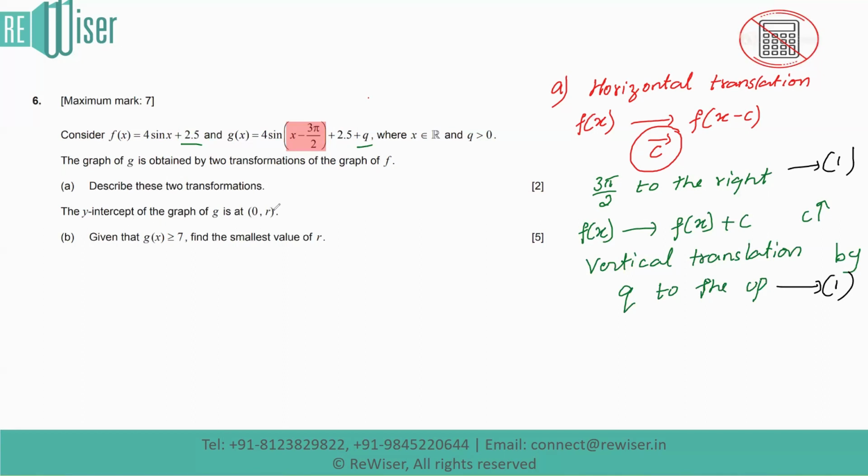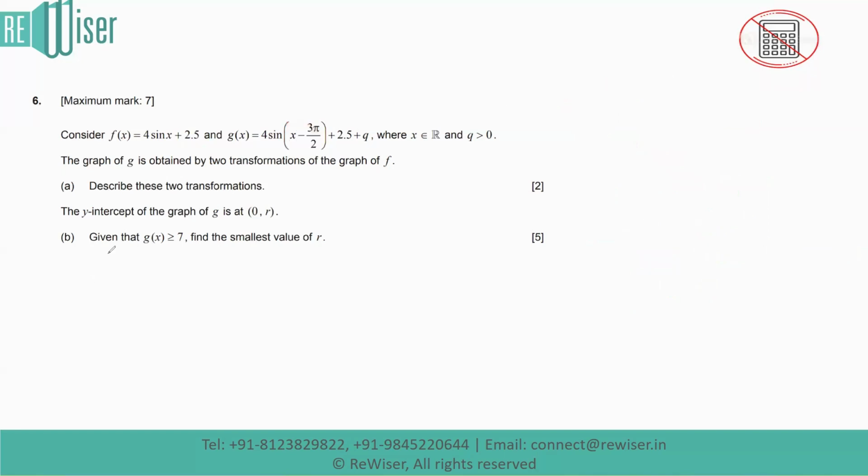Next, the y-intercept of this graph is given as (0, r). Given that g of x is always greater than or equal to 7, we need to figure out the smallest possible value of r. Whenever I talk about the y-intercept, that means g of 0 is r.